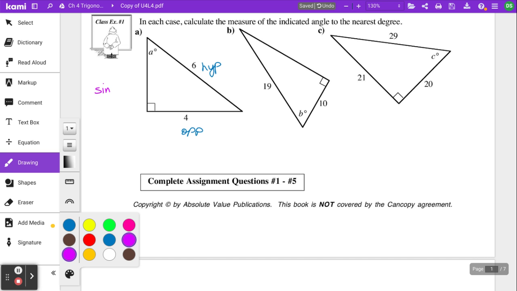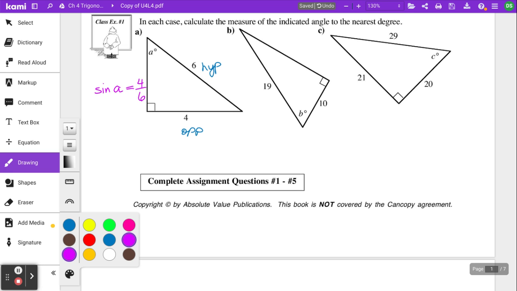Do you know what you always put after the trig function? Yes, always put the angle after the trig function, and then you put down the two sides, which is opposite over hypotenuse.